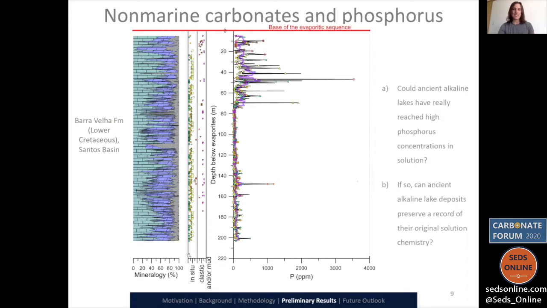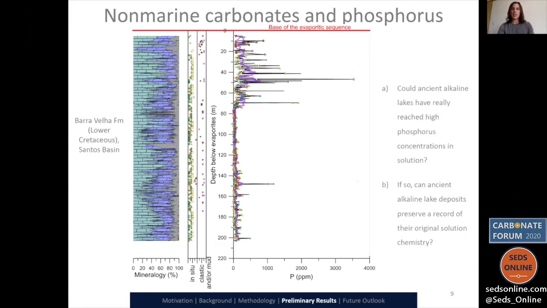So here we see in situ samples, like the classic shrubby and spherulites. Okay, I'll move on faster. We can see here that essentially most of the phosphorus is apparently related to this shrubby facies, which is normally regarded as a primary sedimentary depositional texture, and the phosphorus in this case is very high.